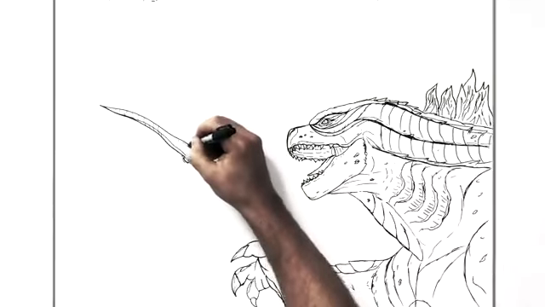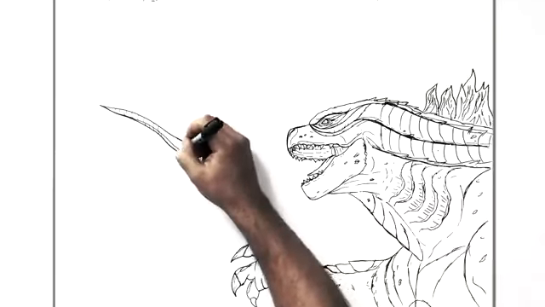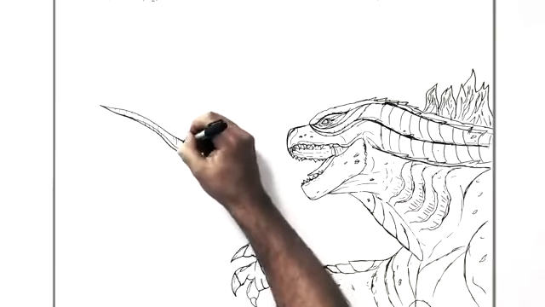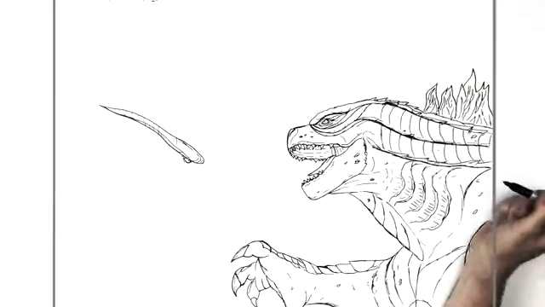These wrinkles on his brow as well. It eventually becomes just horn back here.